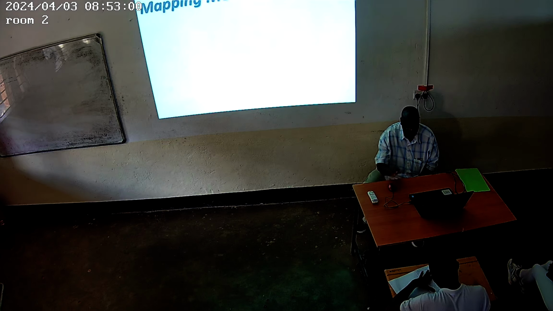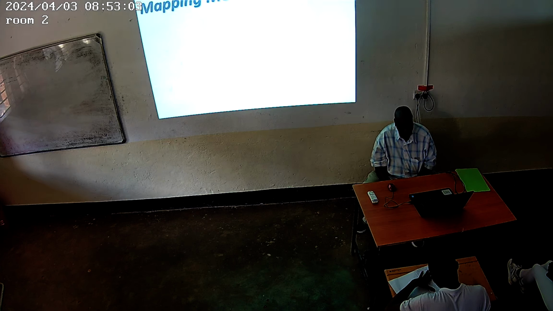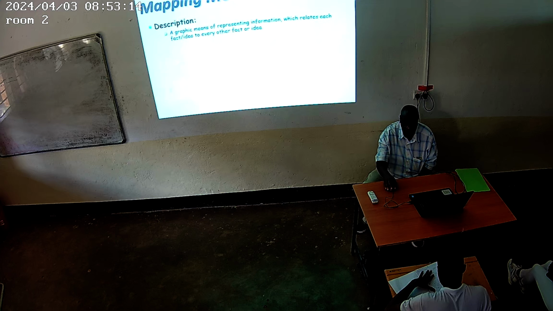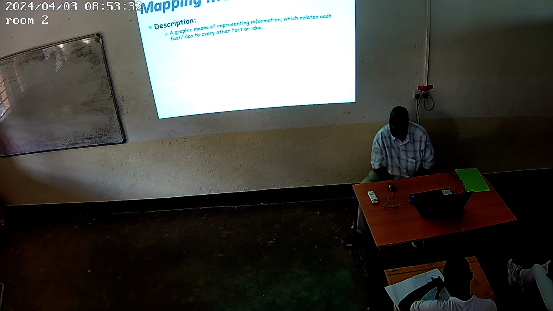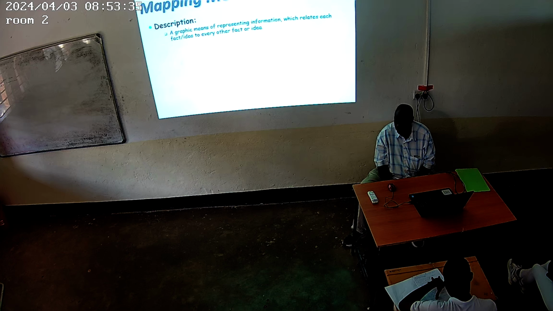The next method is mapping. In the mapping method, what you have there is a graphic presentation, or a visual presentation, of your notes or of your ideas.